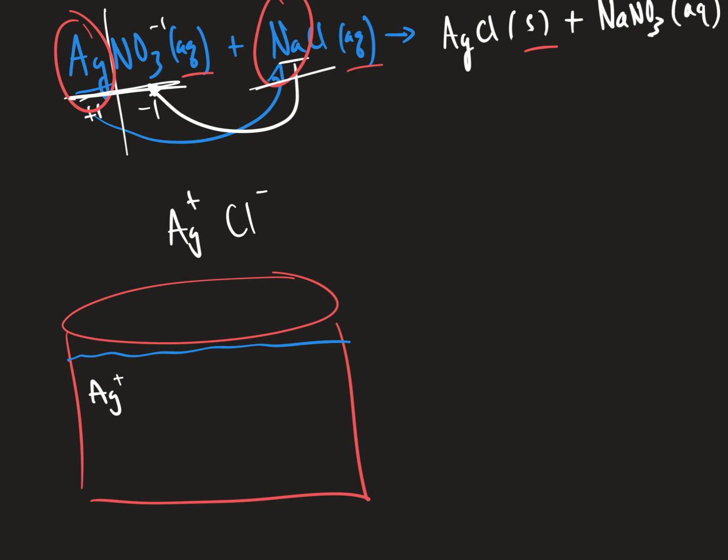Silver splits apart from nitrate, because it's aqueous, it dissolves, right? Sodium chloride dissolves, so we've got sodium and chloride.